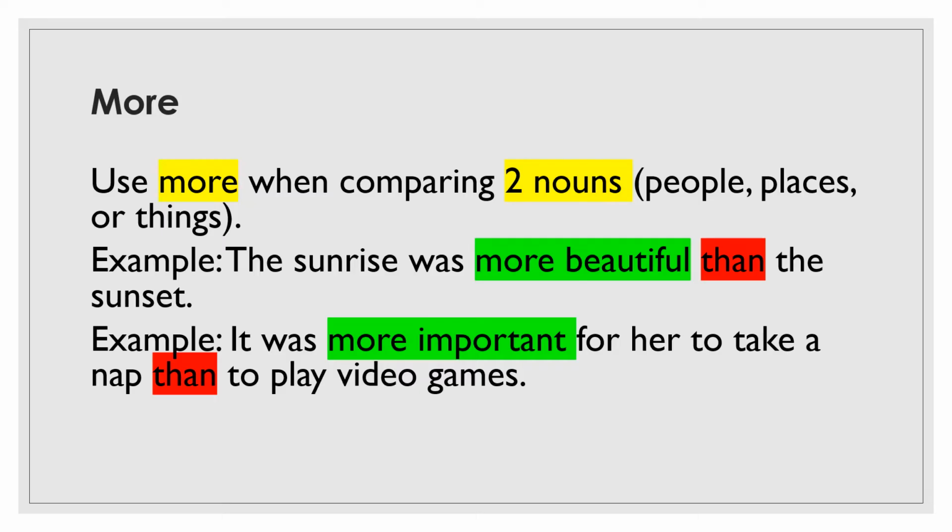And you notice I highlighted in red those keywords that we were talking about with ER and EST. Those haven't changed. So if you see than, you're using an ER or more because that's your keyword that you're only comparing two things.